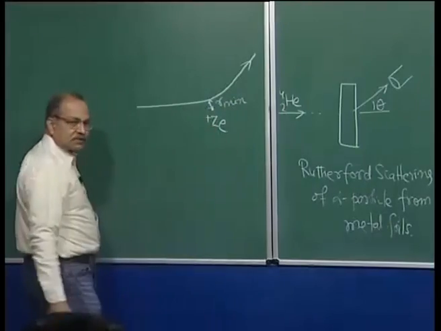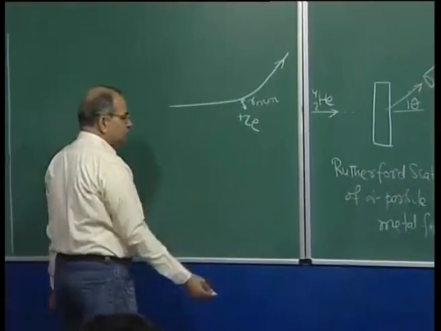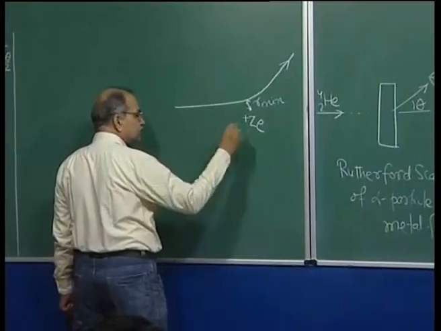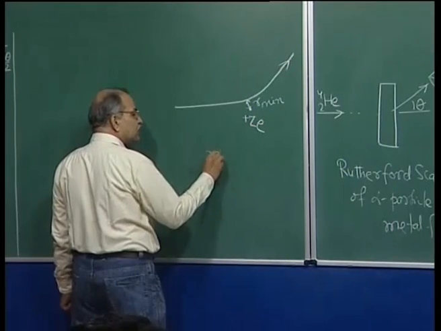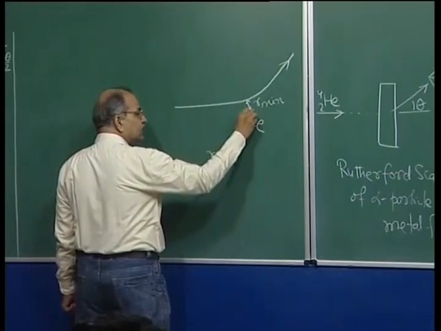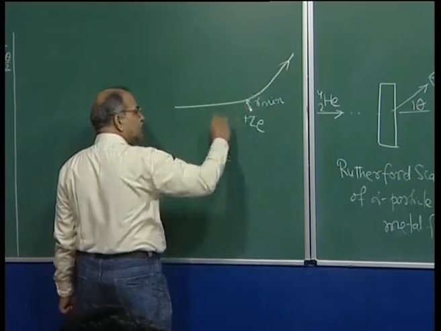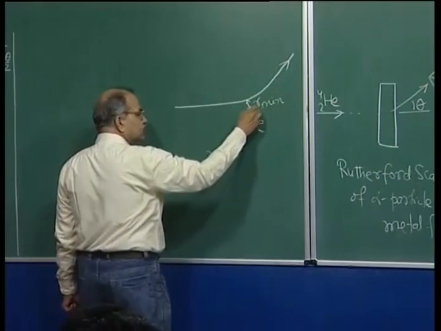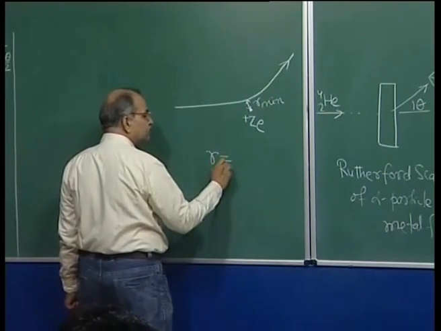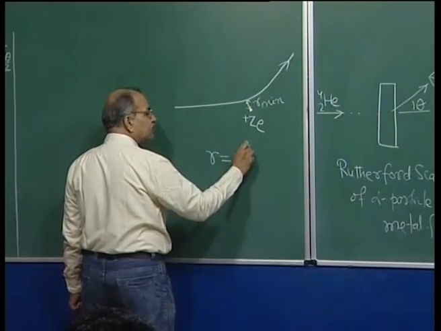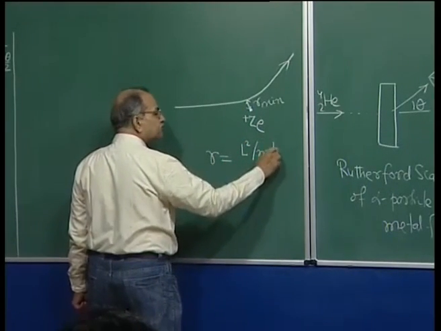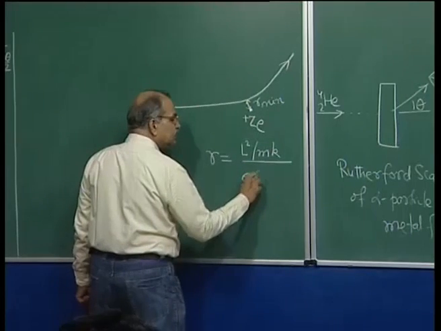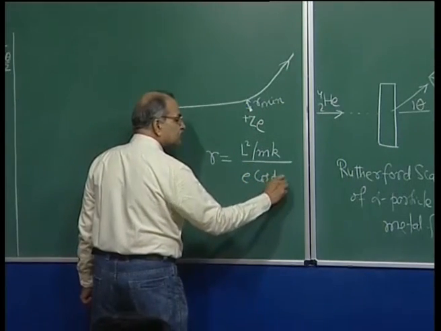So, if you write the whole equation, I do not need that, but still the equation would be, if I take this as origin and r, theta, this as that symmetry axis, r will be given by L squared by m k, e cos phi minus 1.